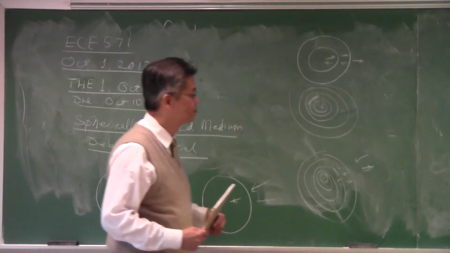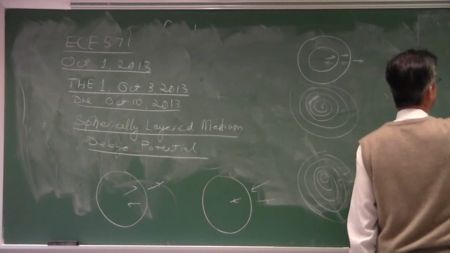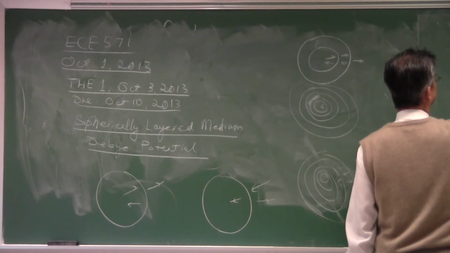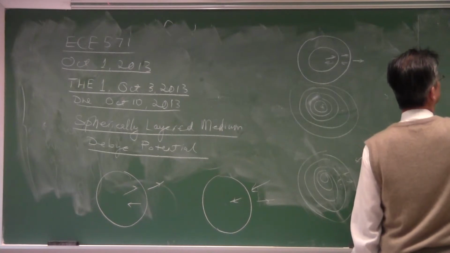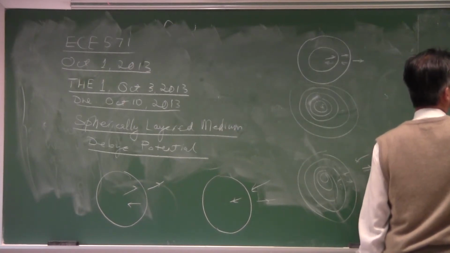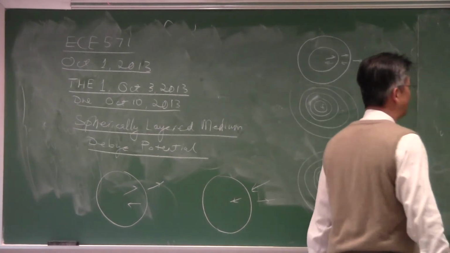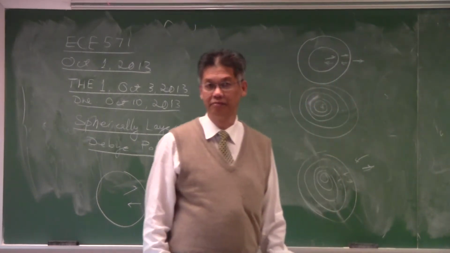Then the question is, what do you do, say, when you have a point source outside the spherically layered medium?